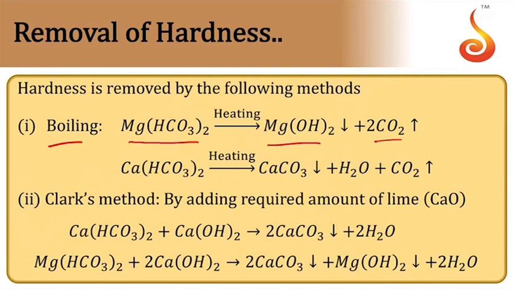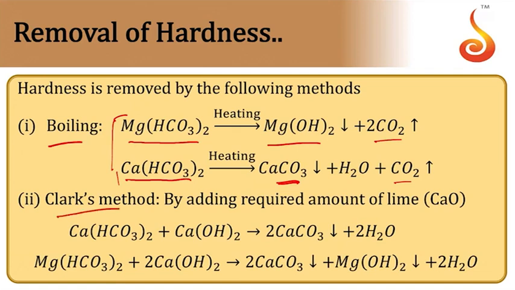If the water contains calcium bicarbonate, it forms a precipitate of calcium carbonate, plus water and carbon dioxide gas. So calcium and magnesium bicarbonates become magnesium hydroxide precipitate, or calcium carbonate as a precipitate. That way we can remove those precipitates. So finally you are going to get soft water.